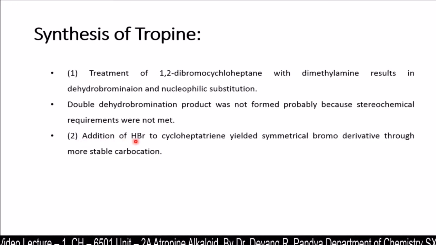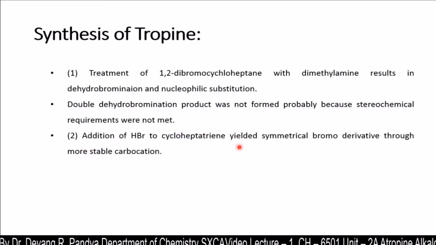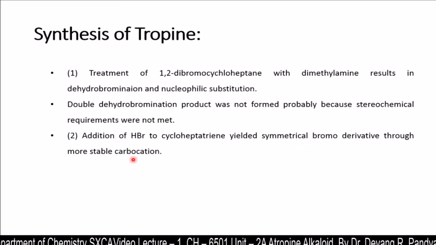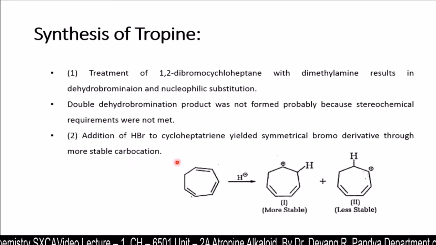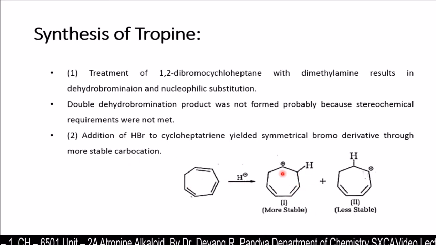Second point, addition of hydrobromic acid to cycloheptatetrine yielded a symmetrical bromo derivative through the more stable carbocation. Here you can see that the more stable carbocation is going to be obtained.